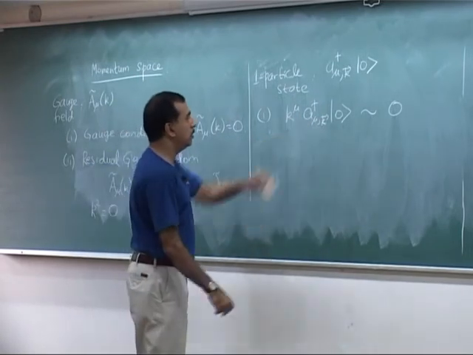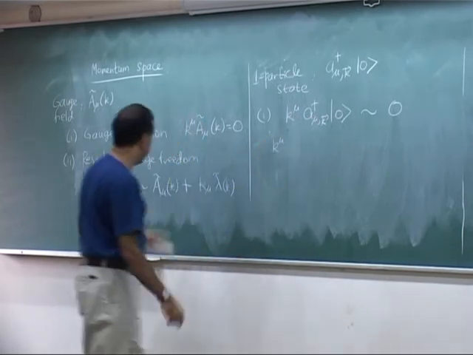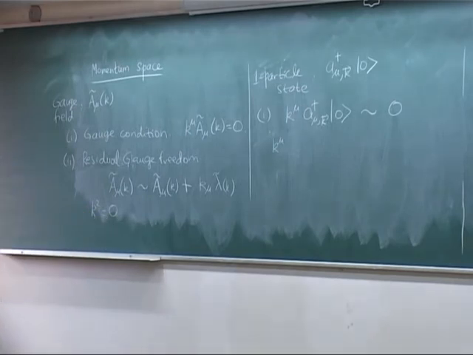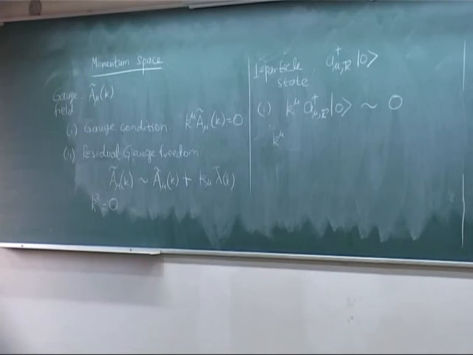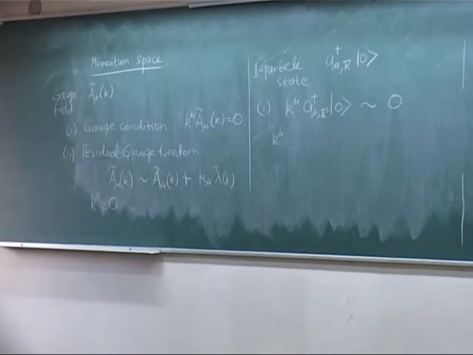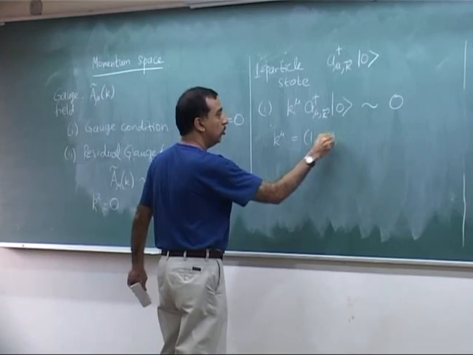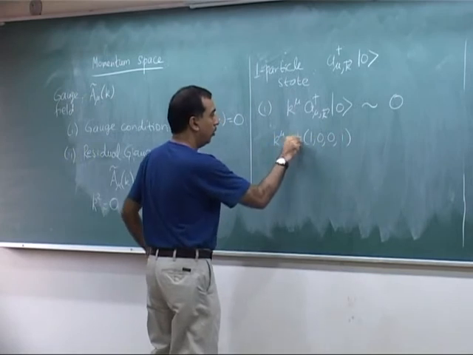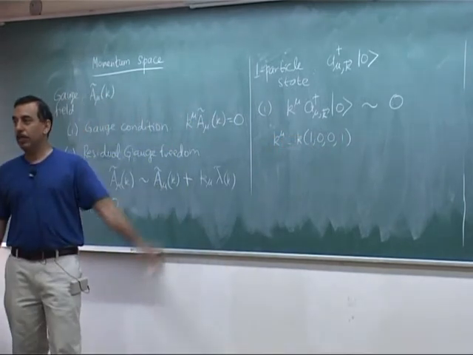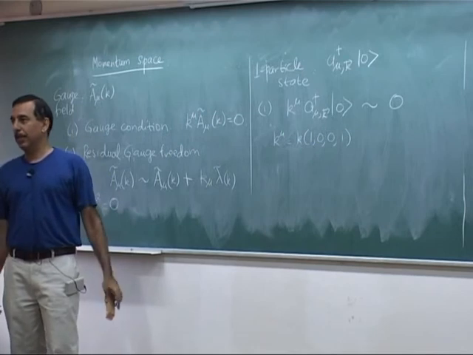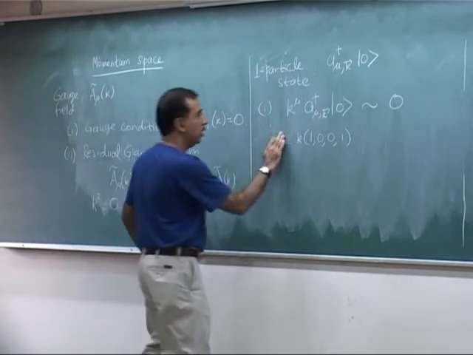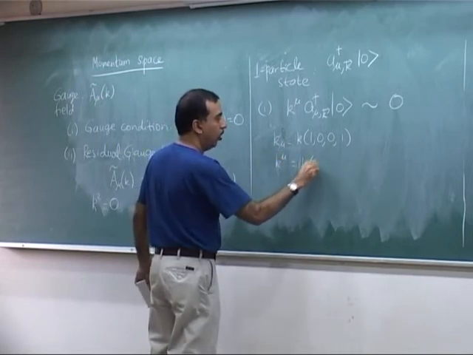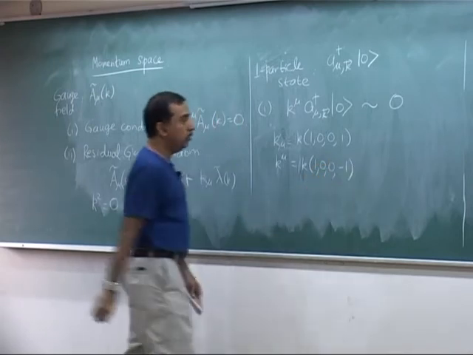Okay, first of all, when I do this, let's choose k. We anticipate that k squared will be 0. You can always choose k to point along the 0 and 3 directions. So I choose k lower like this, so k upper is k times (1, 0, 0, minus 1).